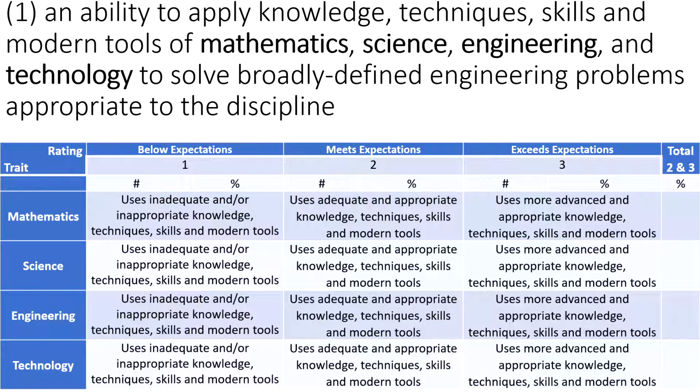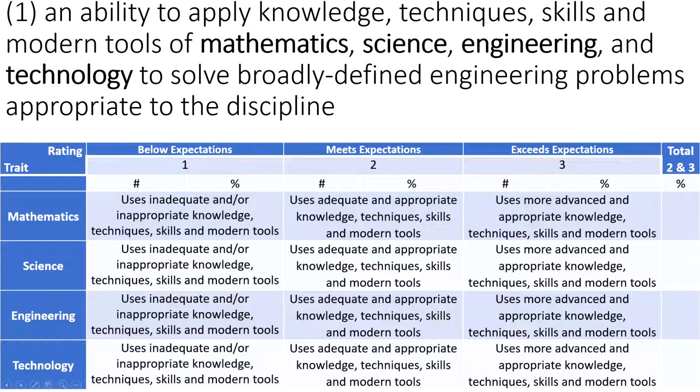So you probably start with breaking down these 4 categories, and then if you see there is some real issue with mathematics, next year you can revise the rubrics in mathematics, maybe knowledge, techniques, and skills in mathematics, and break it down into another 4 categories.